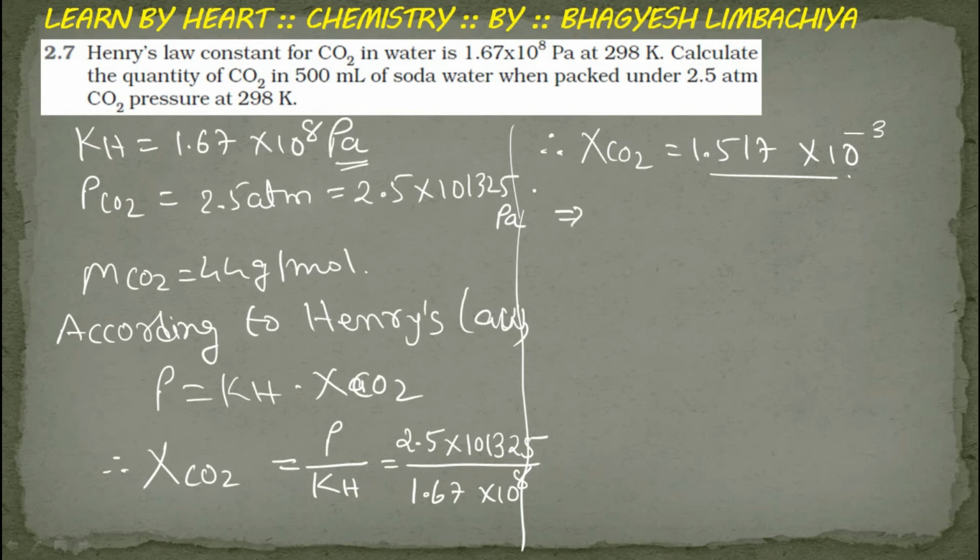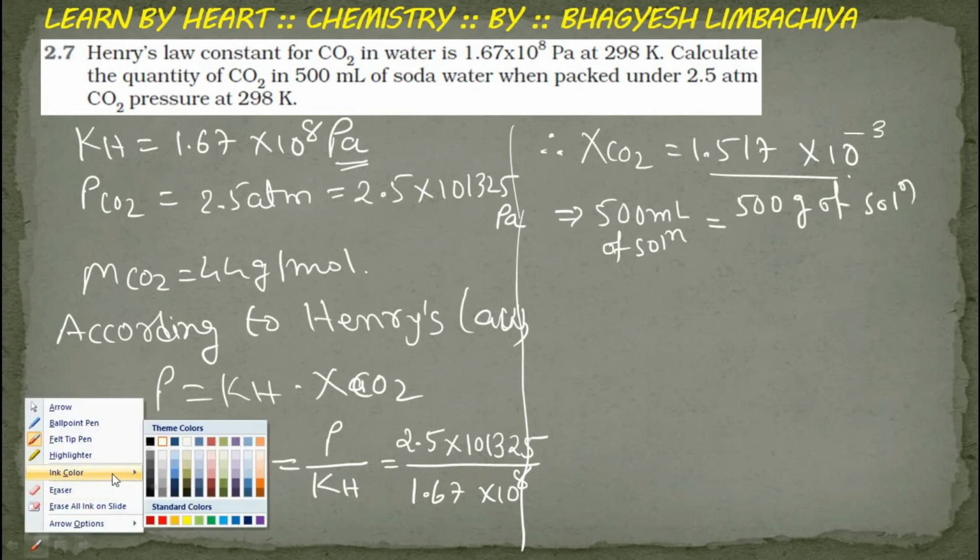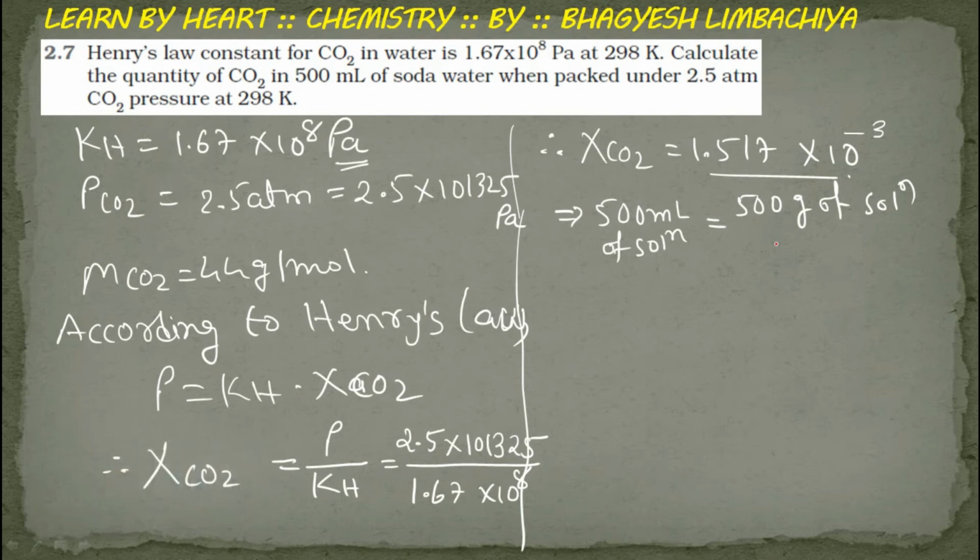Now you are asked that in 500 ml of soda water we want to calculate the quantity of CO2. So 500 ml is 500 gram of solution. The reason is that it is not given in the question, but we have to assume that density of solution is 1 gram per ml, means 1 ml has 1 gram, so 500 ml has 500 gram.